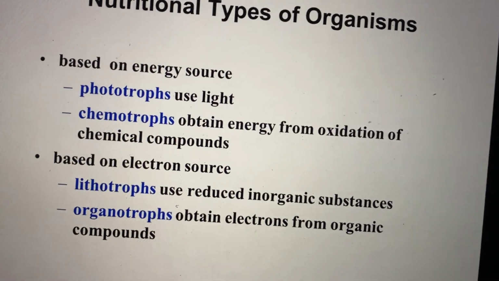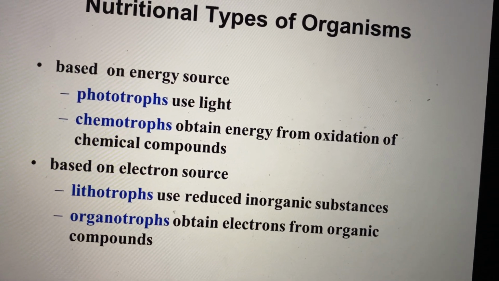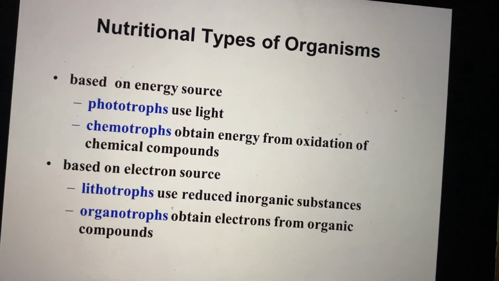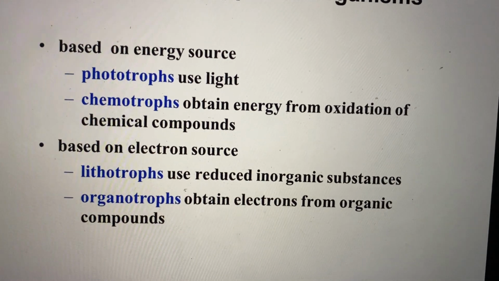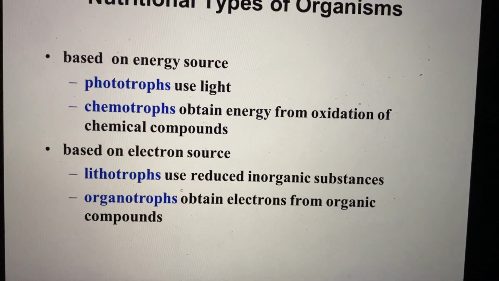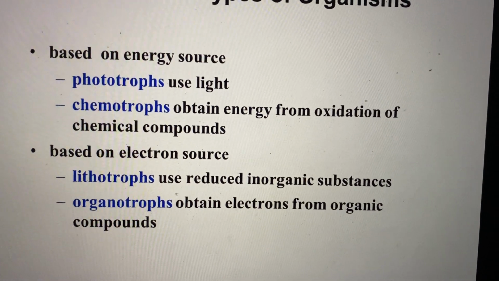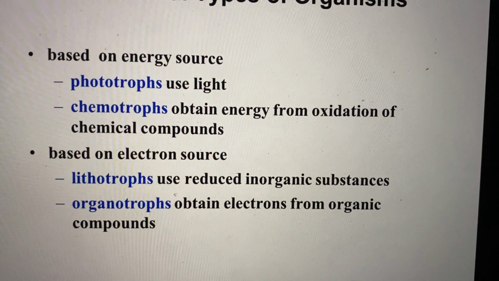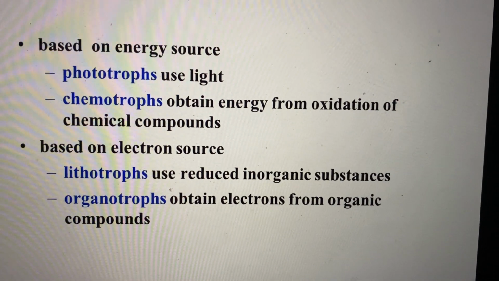Phototrophs, of course, use light as the energy source, whilst the chemotrophs use chemical compounds and oxidation of these chemical compounds to derive energy for themselves. Then we also have the terminology based on electron sources. So lithotrophs are the ones that use reduced inorganic substances as their electron source, and organotrophs are the ones that obtain electrons from organic compounds.